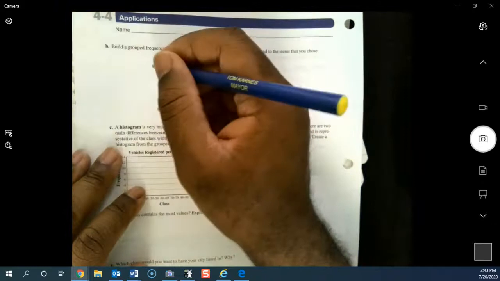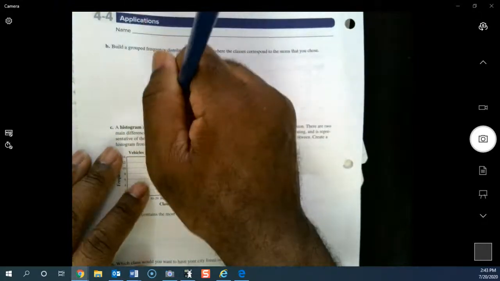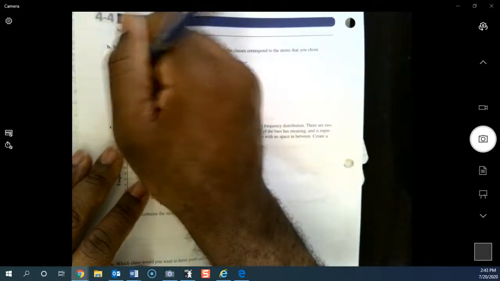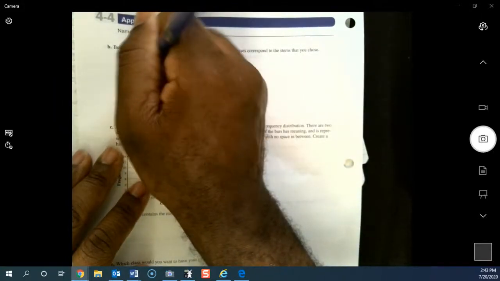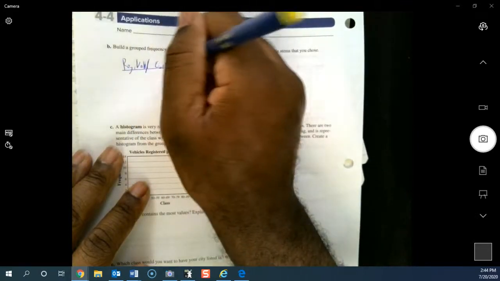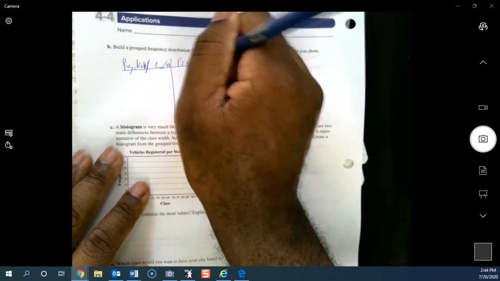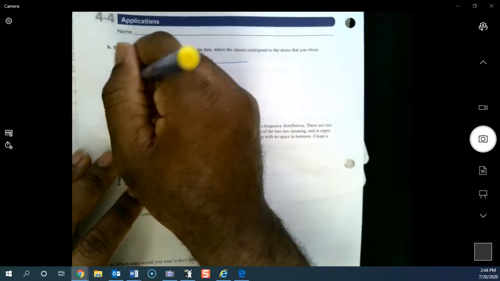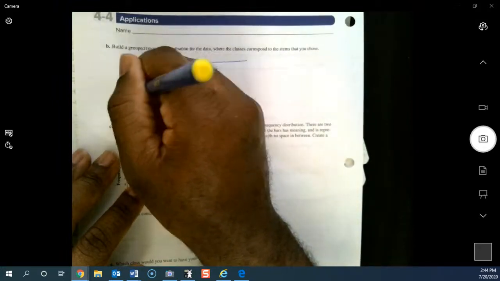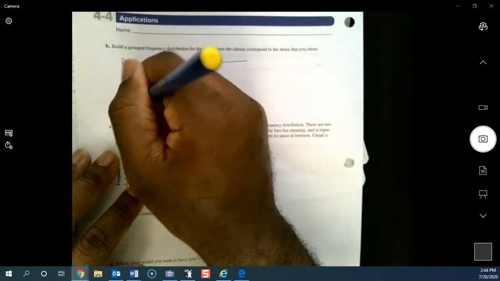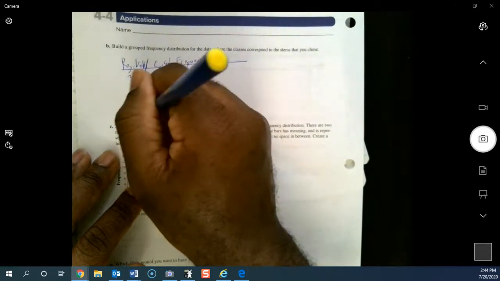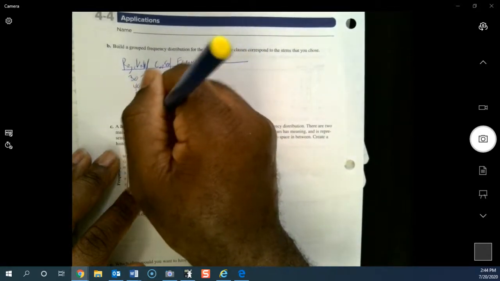So what we could do, we could just draw our frequency distribution here. So it'll be registered vehicles slash car stolen. And then we can have frequency. All right, so we had 30 through 39, 40 through 49, 50 through 59, 60 to 69, 70 to 79, 80 to 89, and 90 to 99.